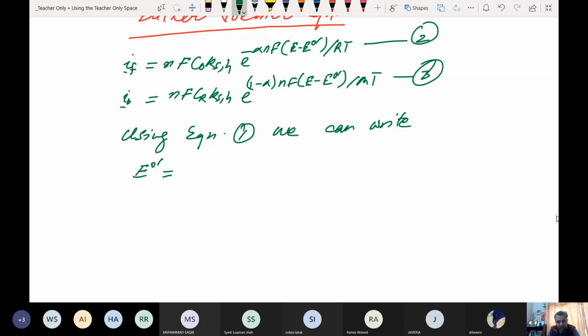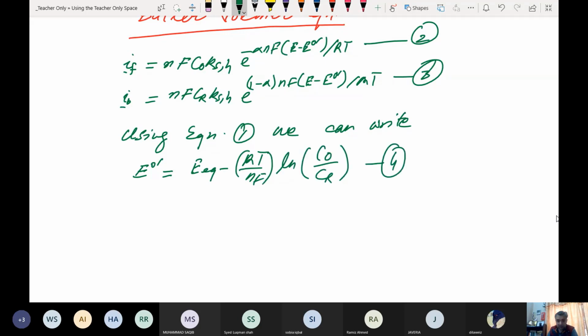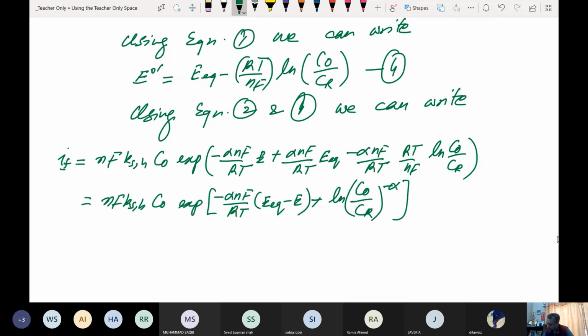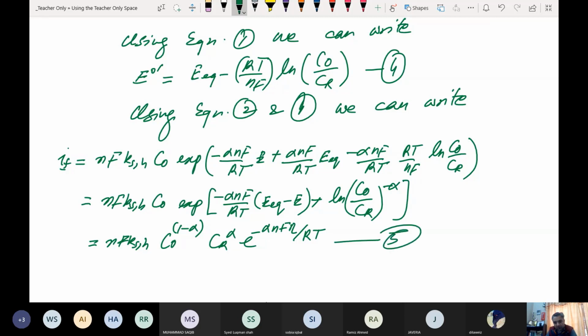Formal potential will be equal to the equilibrium potential minus RT over NF times a term. Now if we use equations 2 and 4, and resolve them, you will get, and this can further be resolved into, divided by RT. So this is our equation number 5.